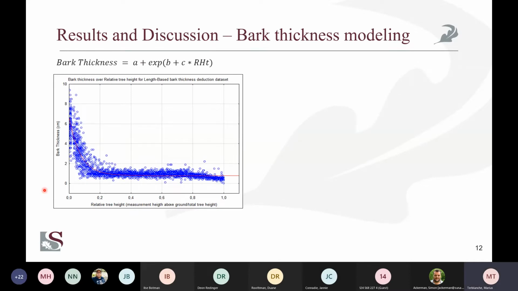Modeling the bark thickness, this graph shows, in percentage terms of tree length, the thickness of Pinus patula bark. For the first 10% of the tree, the bark thickness varies from 10 centimeters to about 4 centimeters.